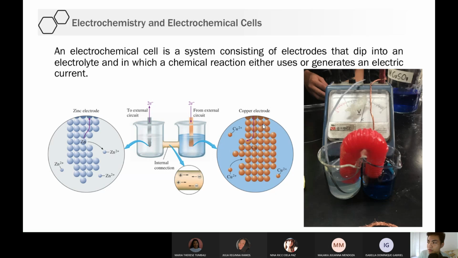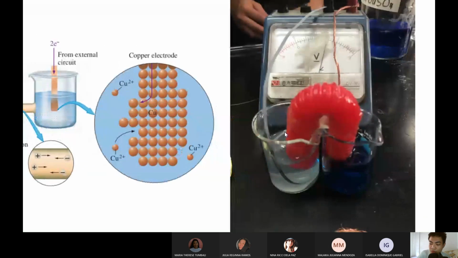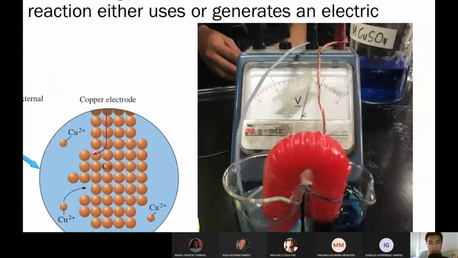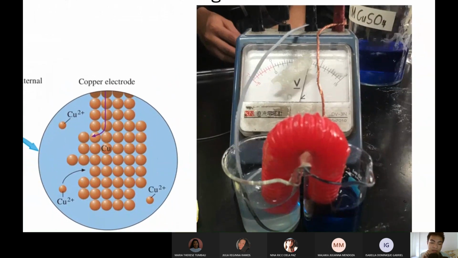Okay? So, this is the setup from when I did this experiment with my students last 2019. Okay? Before the pandemic. So, before the pandemic, one of our experiments was to create an electrochemical cell.